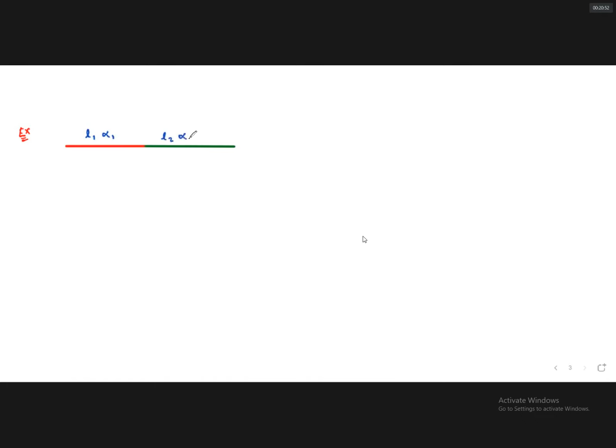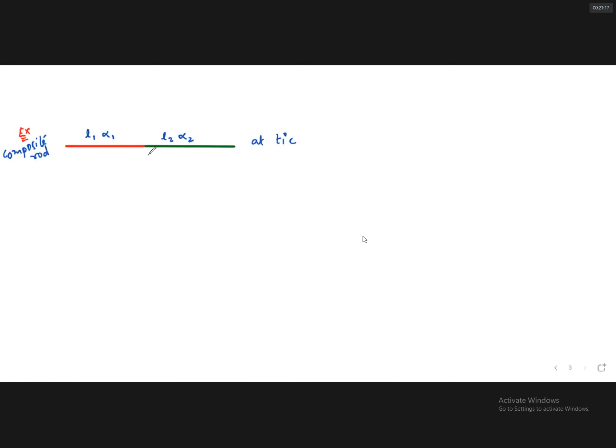Another one is of length L2 having coefficient of linear expansion alpha 2. So this composite rod is formed at T1 degrees Celsius. Means the two rods are riveted together and joined together, forming a single rod.